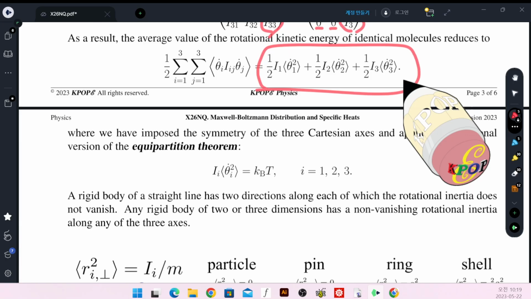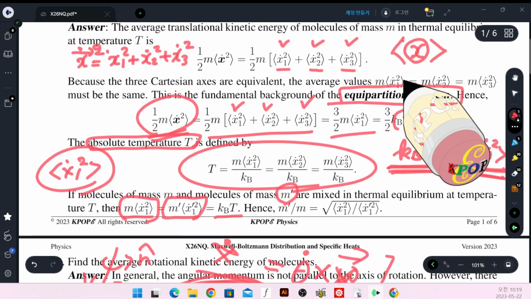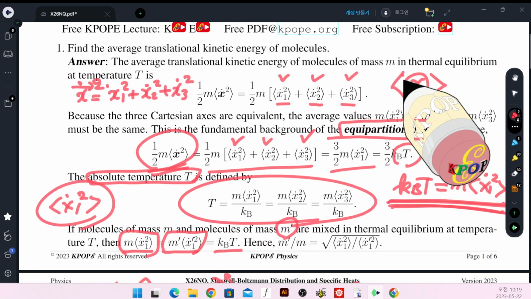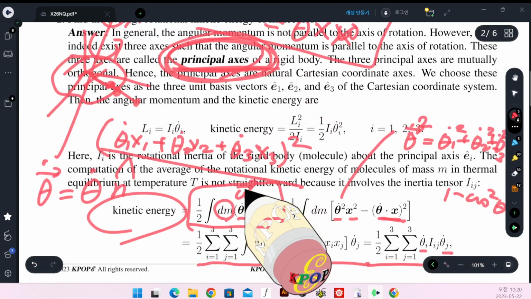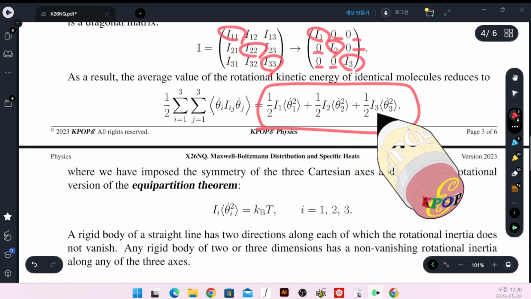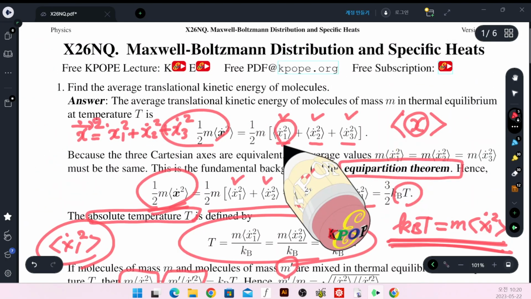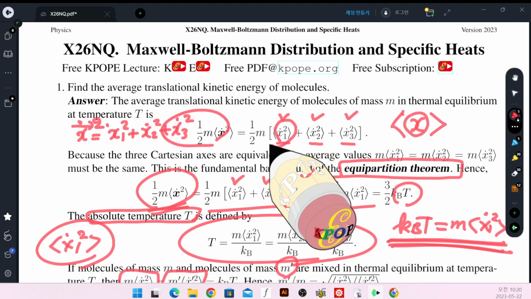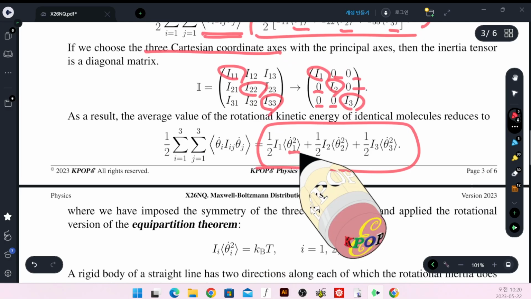Now, this form is very, very similar to the translational kinetic energy. Instead of using mass, we use rotational inertia. Instead of using simple velocity, we have angular velocity squared.